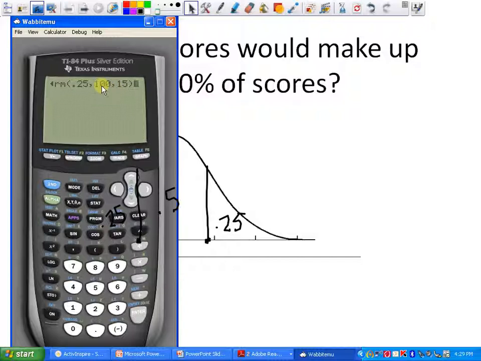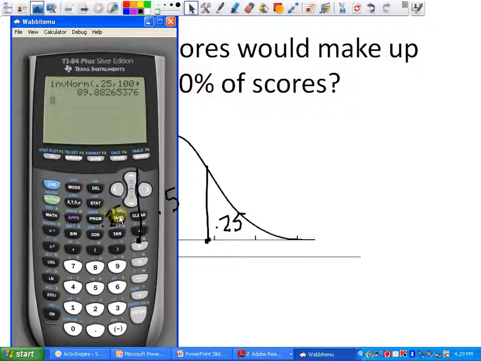Notice it's not going to give me a z-score. It's going to give me a raw score. If I had 0 and 1 here, it would give me the z-score, and then I could use my formula for z equals x minus mu divided by sigma to find my IQ score. This is actually going to give me the IQ score. 25% is to the left of this score. The mean is 100. The standard deviation is 15. That means that IQ score is about 89.88.